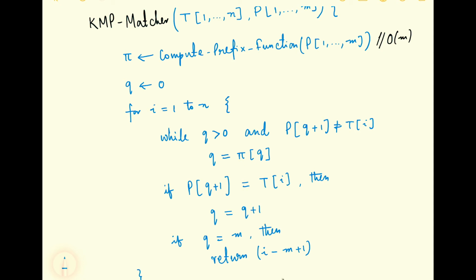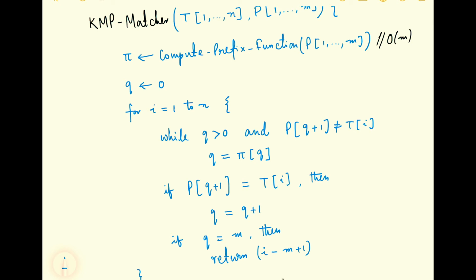So for a fresh start of the matching, the first pi q characters are already matched, because pi q is the length of the longest prefix which is also a suffix of the first q characters of the pattern p, and the first q characters have already matched.